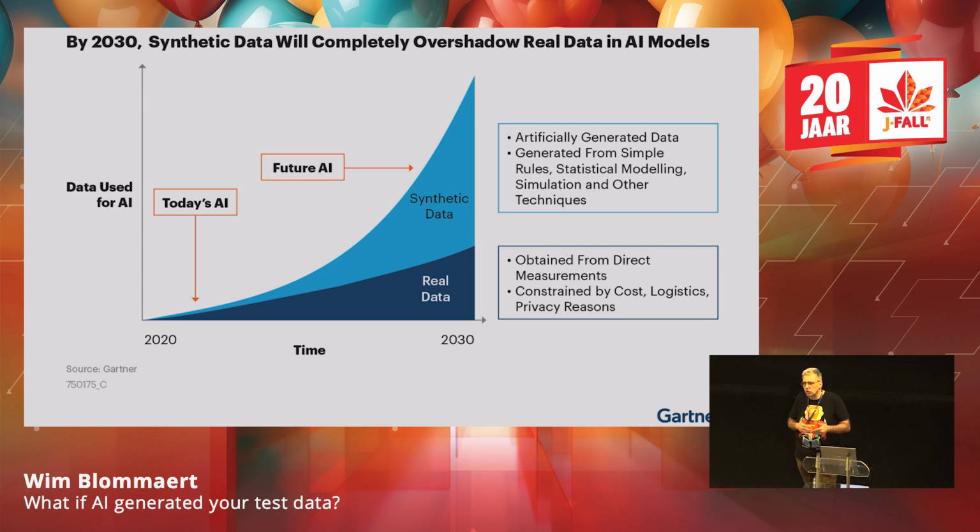It might be a bit slower, but I think gradually we will use more and more synthetic data, although I do believe it will always be a mixture. For some testing it's case by case; at some point you want to do the real thing. But you see that the proportion of synthetic data in these processes, software testing or data analytics, is growing. We already see that.